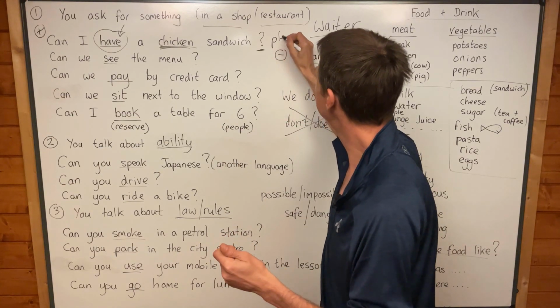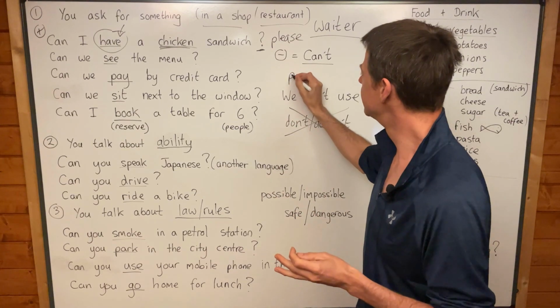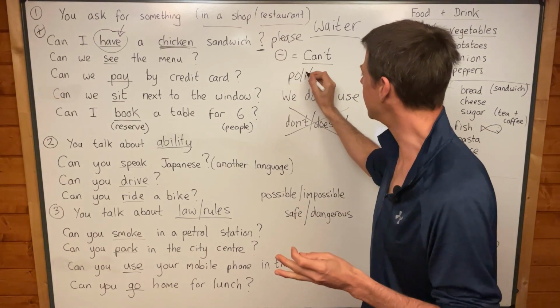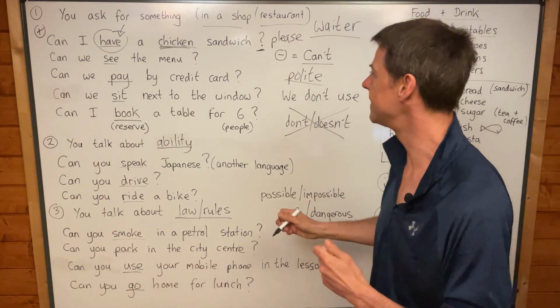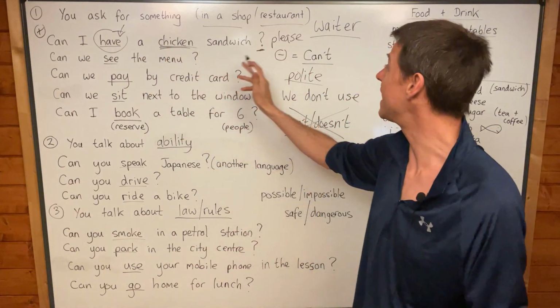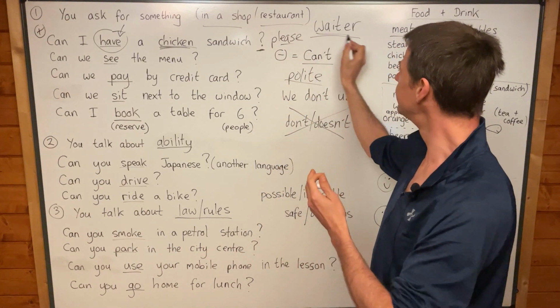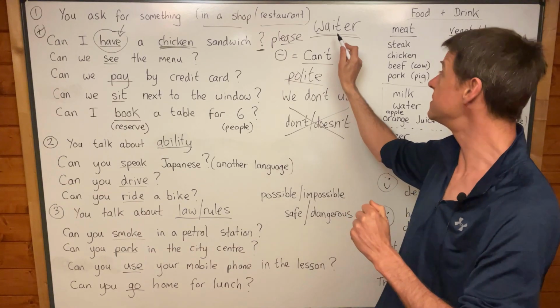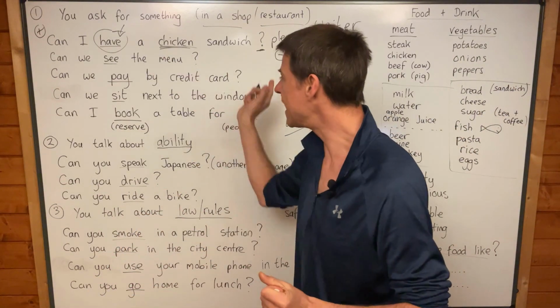Don't forget, please and thank you, because you want to be polite. Polite people say please and thank you. So can I have a chicken sandwich, please? Okay. And the waiter, the man who works in the restaurant, gives you a chicken sandwich.